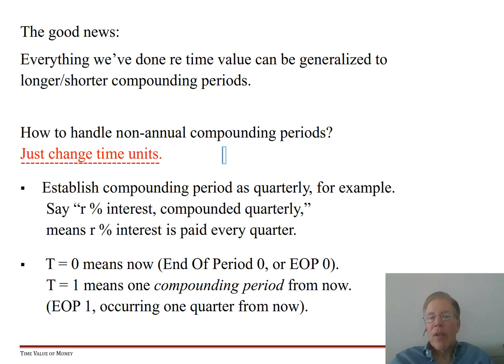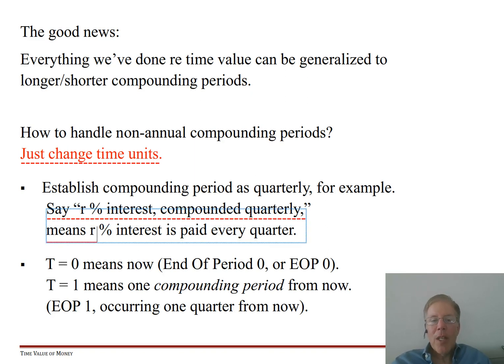Okay, so if we wanted to go to a contract or a deal where we were interested in compounding quarterly, we would describe that as our percent interest compounded quarterly. And what that would mean is our percent interest would be paid every quarter, okay?